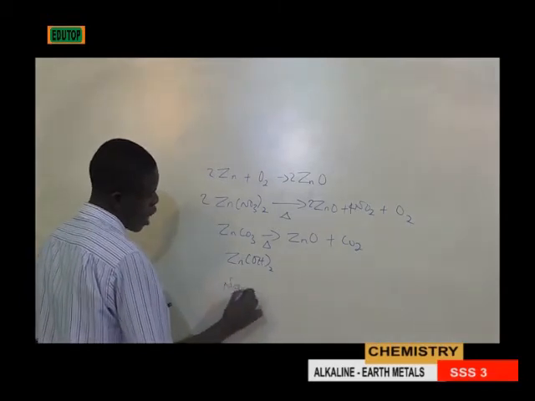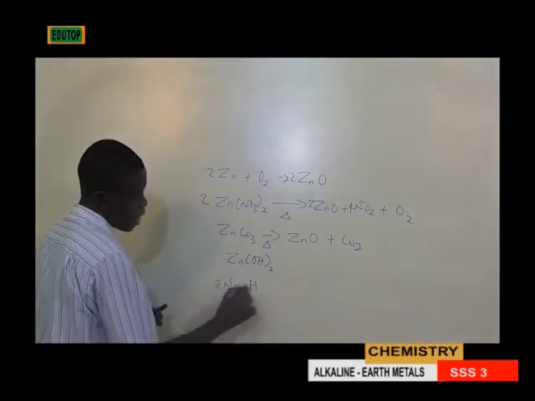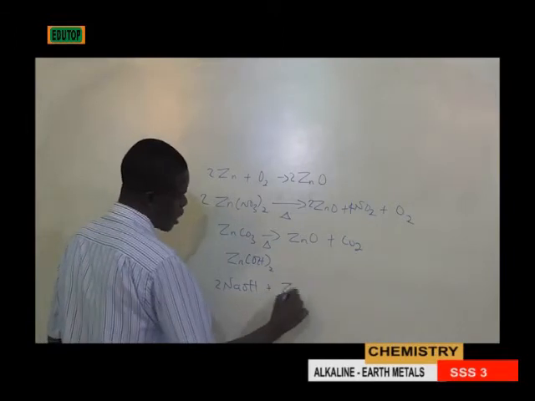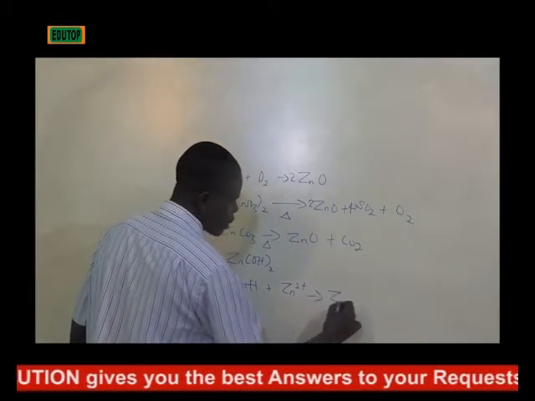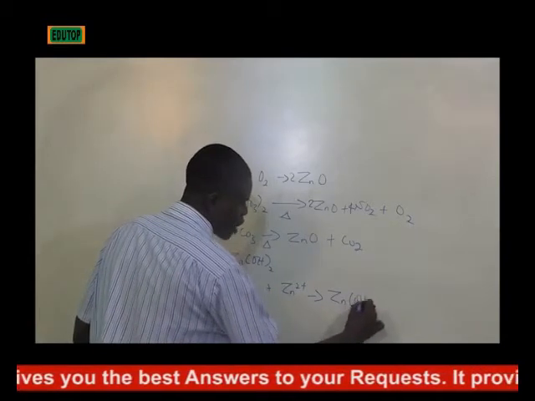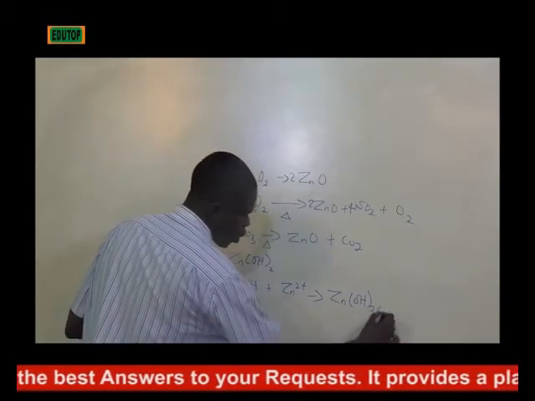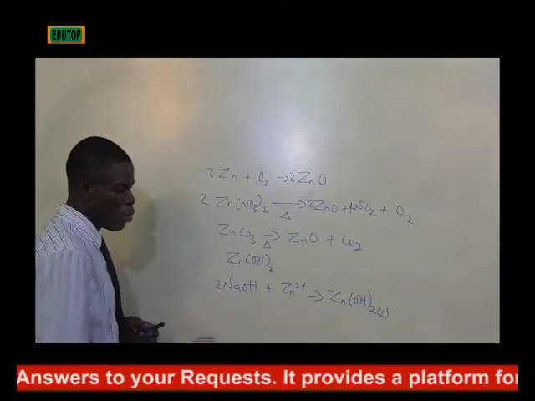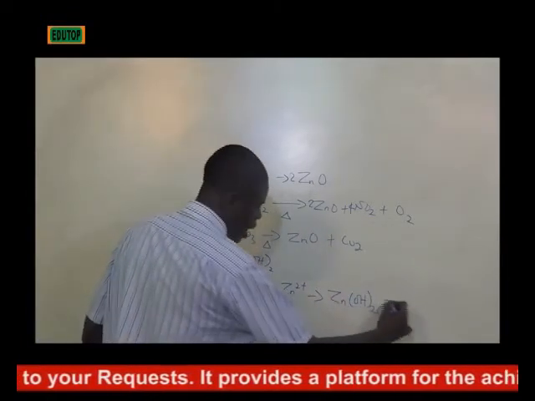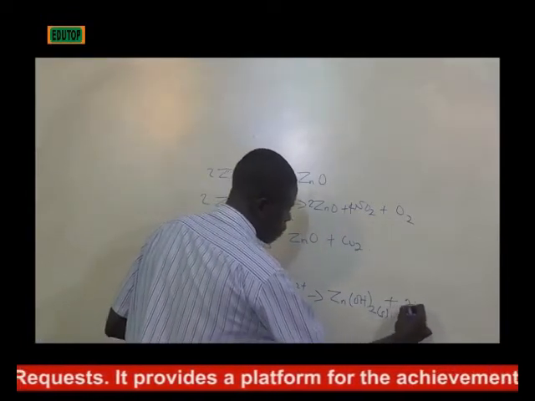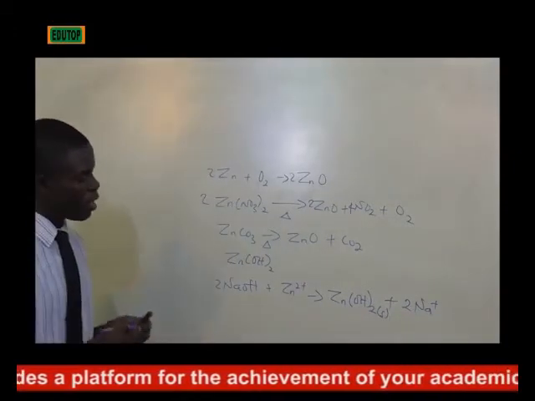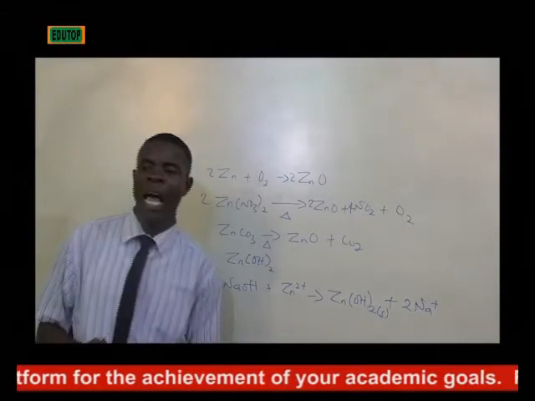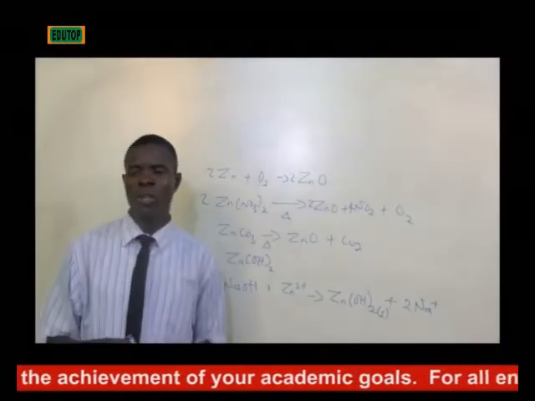When you have an alkali such as sodium hydroxide reacted with zinc 2 plus ion, here you have zinc hydroxide being precipitated because it is a solid. So it is insoluble in the reaction, so it comes out as a precipitate. So this is how it is prepared, where it is precipitated out of the solution.